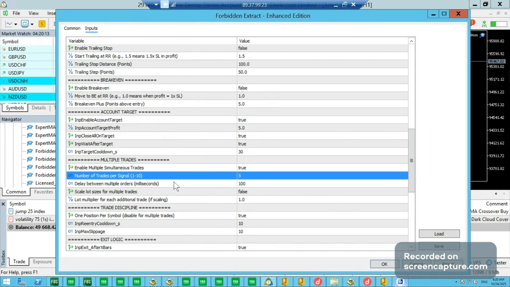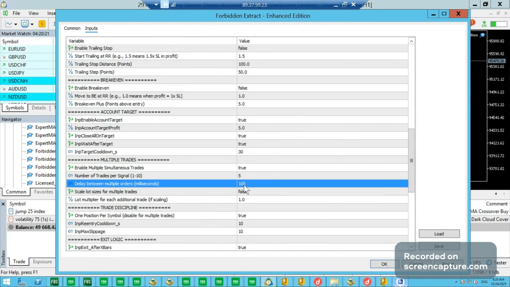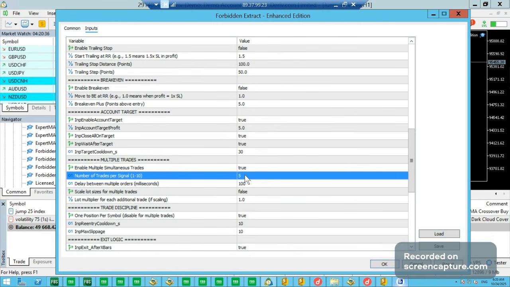Now, the function of this one is delay between multiple orders, that is in milliseconds. Immediately it executes that multiple entry, this particular timing will determine the interval that enables the EA to trigger these 5 trades.